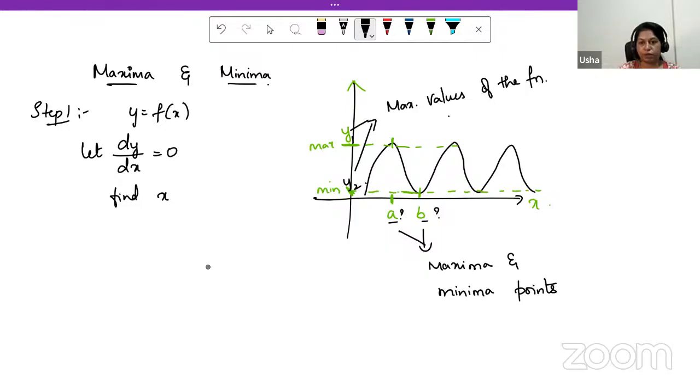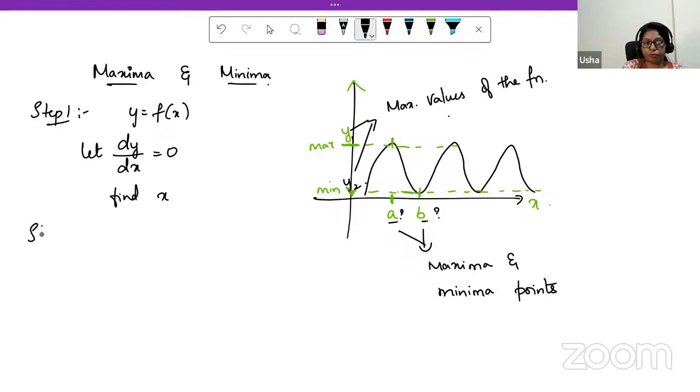If you get one value, the function has only one point, which can be a maxima point or a minima point. If you get two values, then one is a maxima point and one is a minima point. Which point is which, you need to find out. Even if you get one value, you should find whether it is a point of maxima or minima.